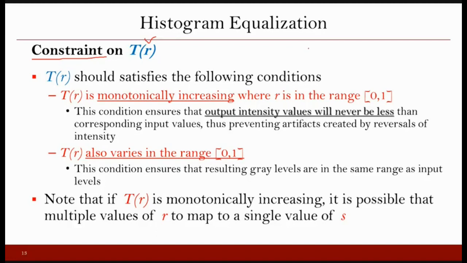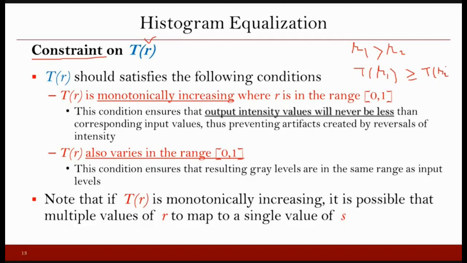This means if you are talking about two values R1 and R2, and you find that R1 is greater than R2, then the transformed value T(R1) should be greater than or equal to T(R2).